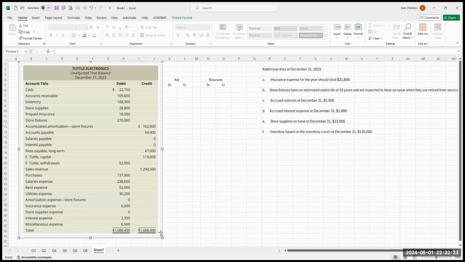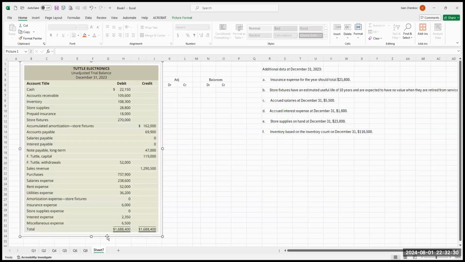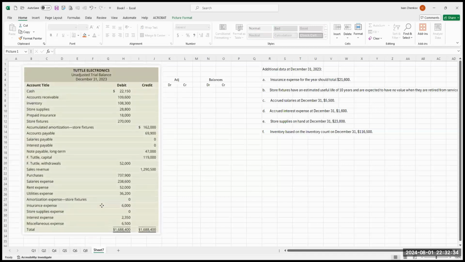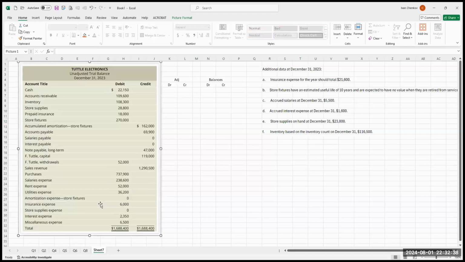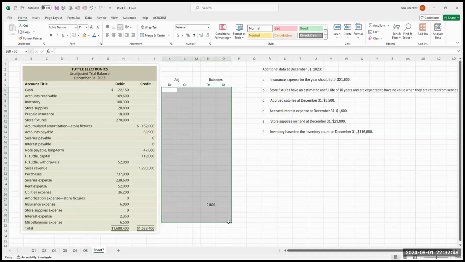I'm trying to adjust it just a little bit to match exactly the rows. That's where I should be. Right now I'm not there.